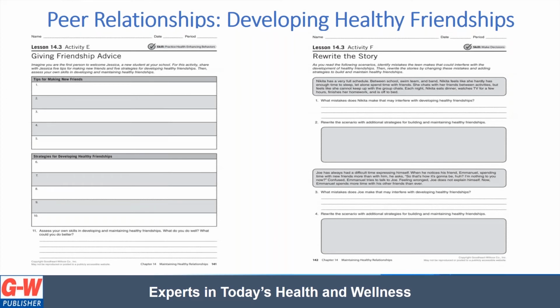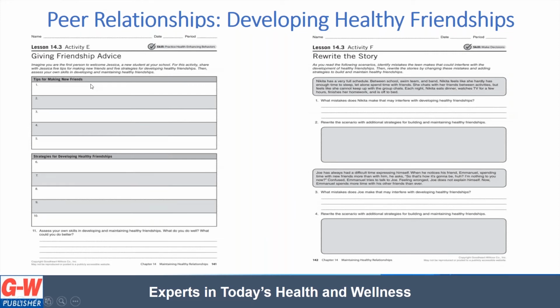Now it's time for students to look into what skills or strategies help to develop a healthy friendship, or what tips they would provide someone for making a new friend. The activity on the left-hand side is from our high school workbook, and they're going to imagine that there's a new person, Jessica, at their school.